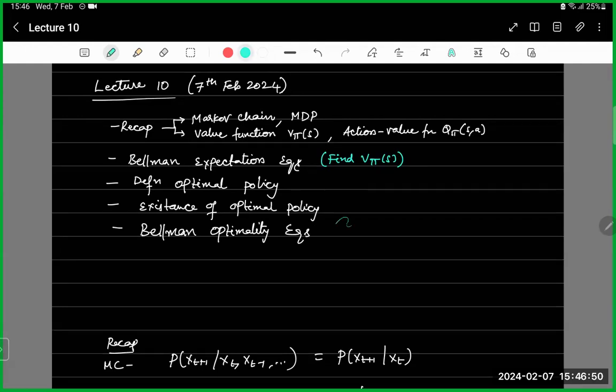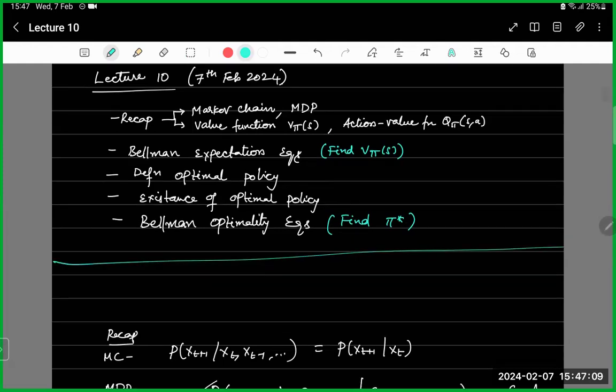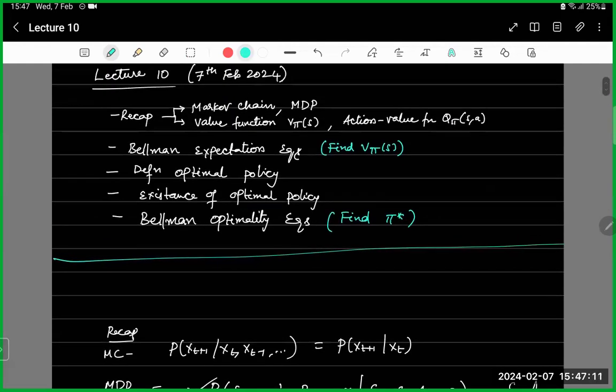What are Bellman optimality equations useful for? To find pi star, the optimal policy. These are roughly the topics that we'll cover today. So let's start with understanding what Bellman expectation equations are.